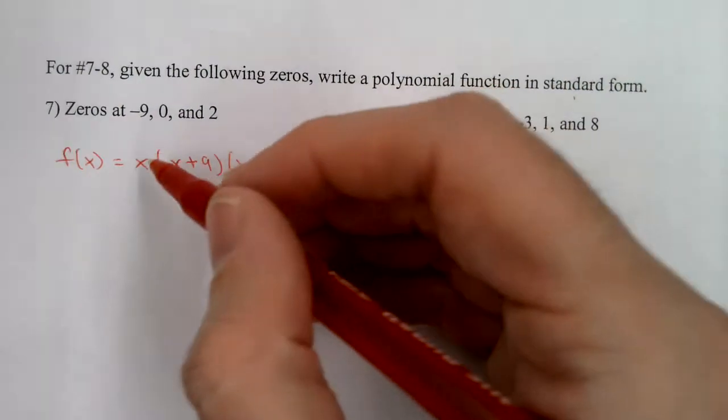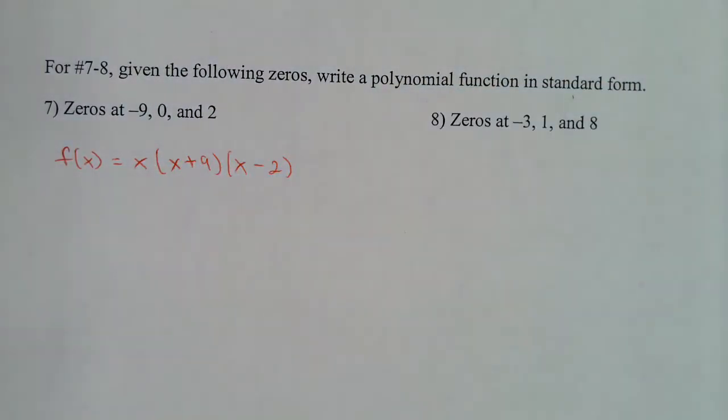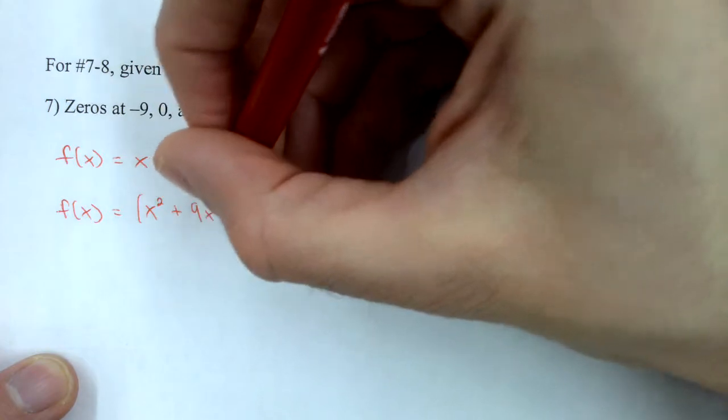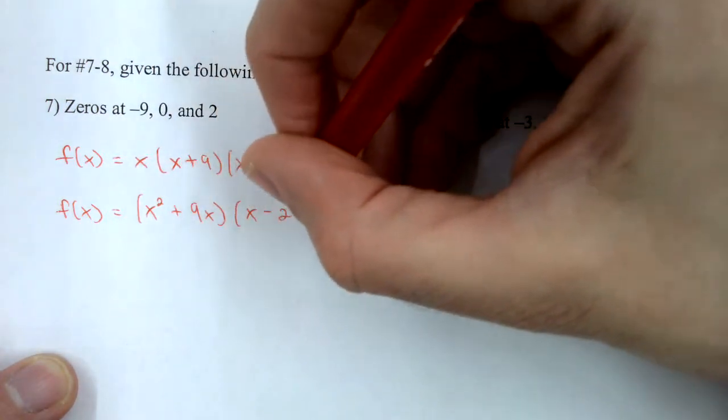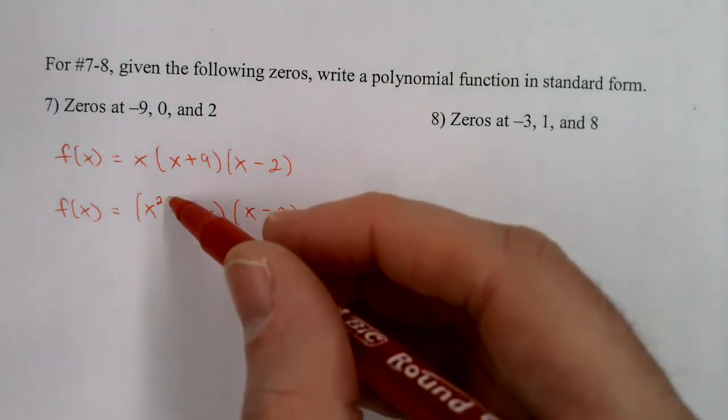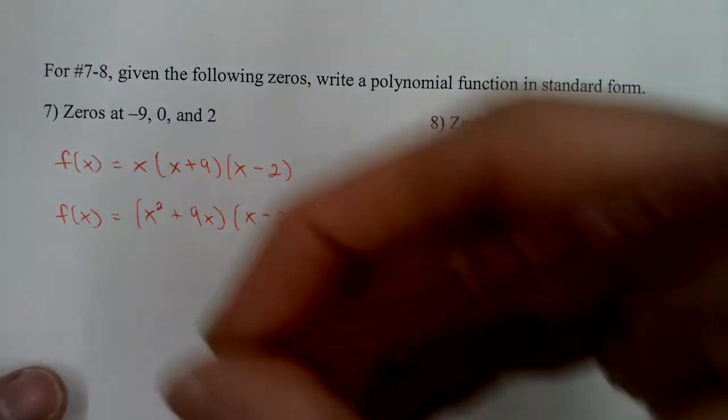So let's distribute the x to the x plus 9 to get x squared plus 9x. What's the only thing better than distributing once? Distributing twice. So now we have to distribute again. X squared times x is x cubed.